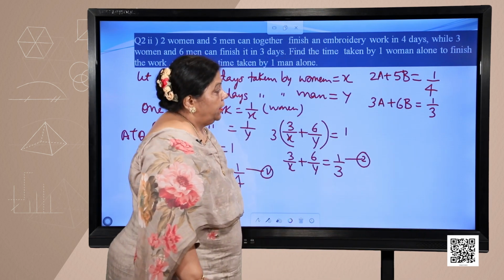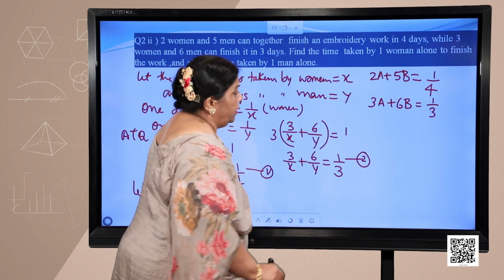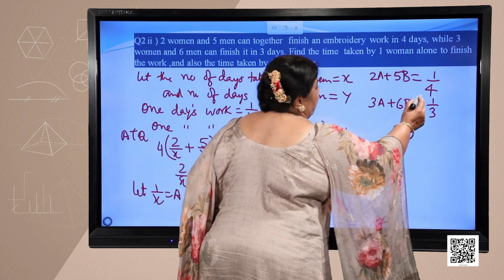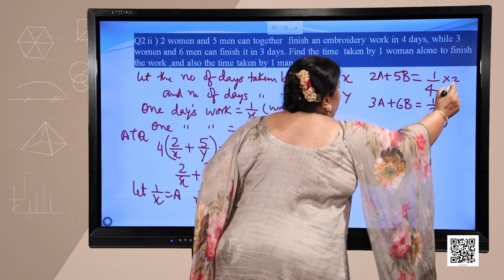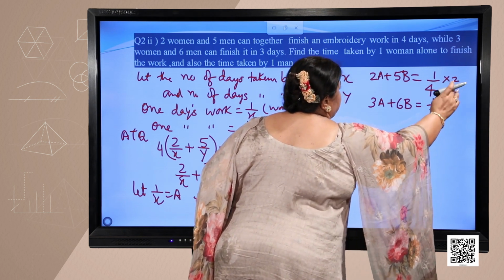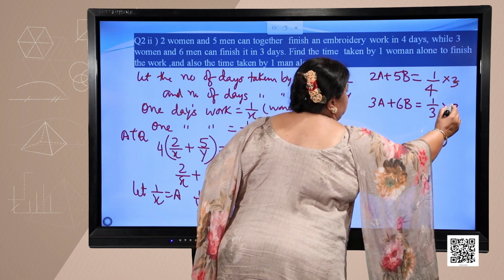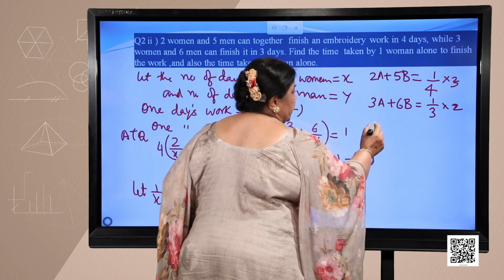Is it clear? So, here we can use any method. Let me use here, if I multiply this equation by 3 and this by 2. Why? 2 3s are 6 and here also I will get 6.